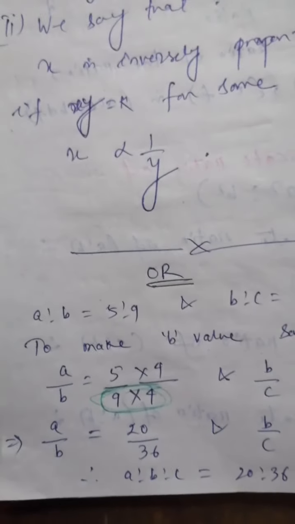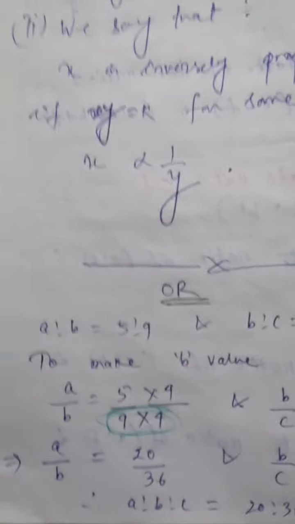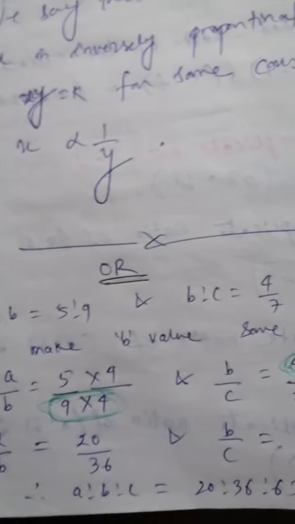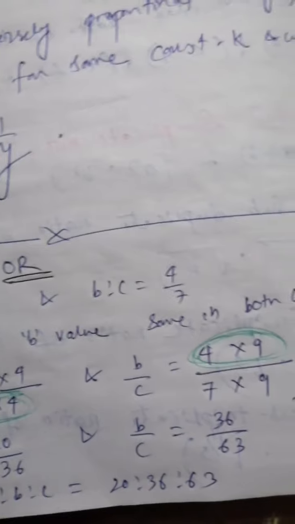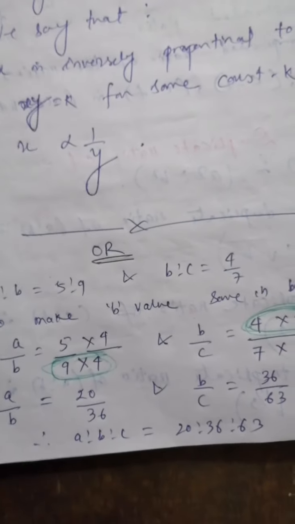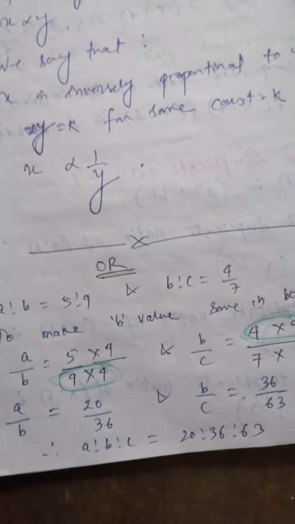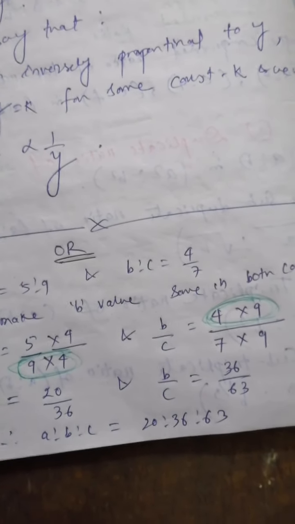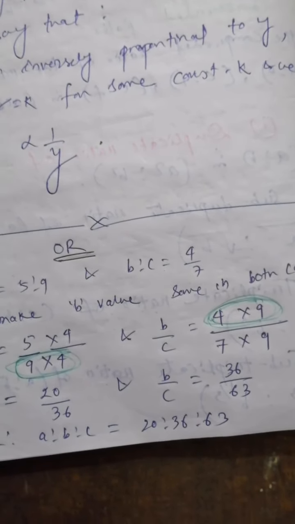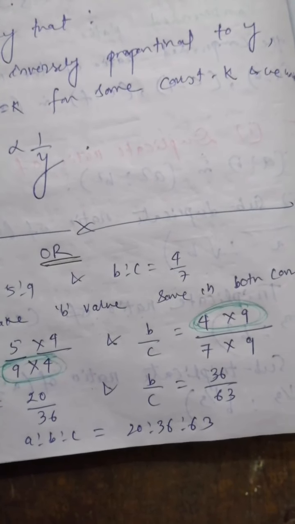I have solved the same problem in a second, alternate way. I have taken A is to B equals 5 is to 9 and B is to C equals 4 by 7. To make the B value the same in both cases, I have written A by B equals 5 into 4 divided by 9 into 4, and B by C equals 4 into 9 divided by 7 into 9.